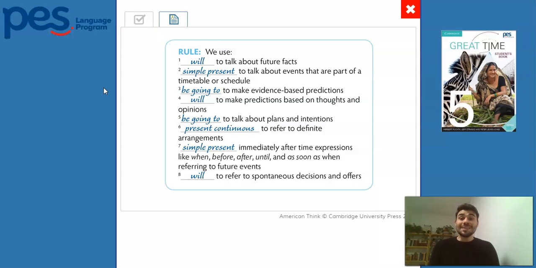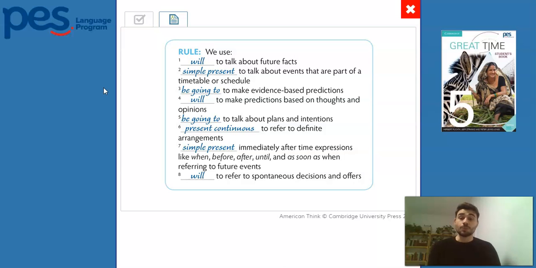We use be going to make evidence-based predictions, just like the one we talked about in the beginning, going to rain, right? We use will to make predictions based on thoughts and opinions. We use be going to talk about plans and intentions. We use the present continuous to refer to definite arrangements.